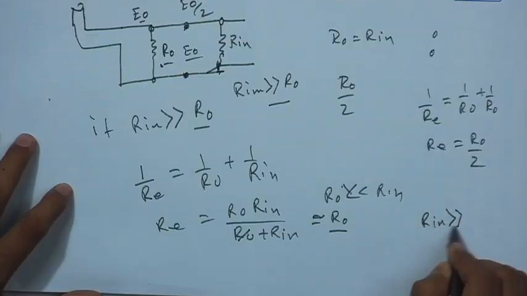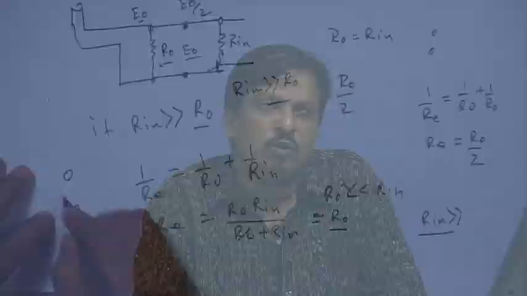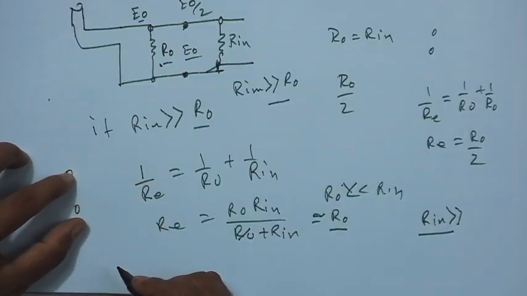What is the meaning of R in being sufficiently high? That is nothing but open circuit voltage. It means there is no load across the two terminals of the microphone. The load is only R 0, the output resistance, and no extra load is added on that R 0.